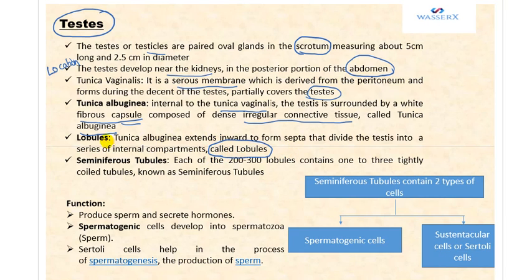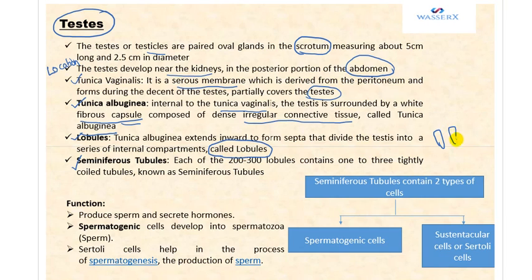Right now just go through the parts of the testis. First is the tunica vaginalis, then the tunica albuginea, then the lobules, and the last one is the seminiferous tubules. The tunica albuginea extends inward, forms septa and divides the testis into a series of lobules, like this.